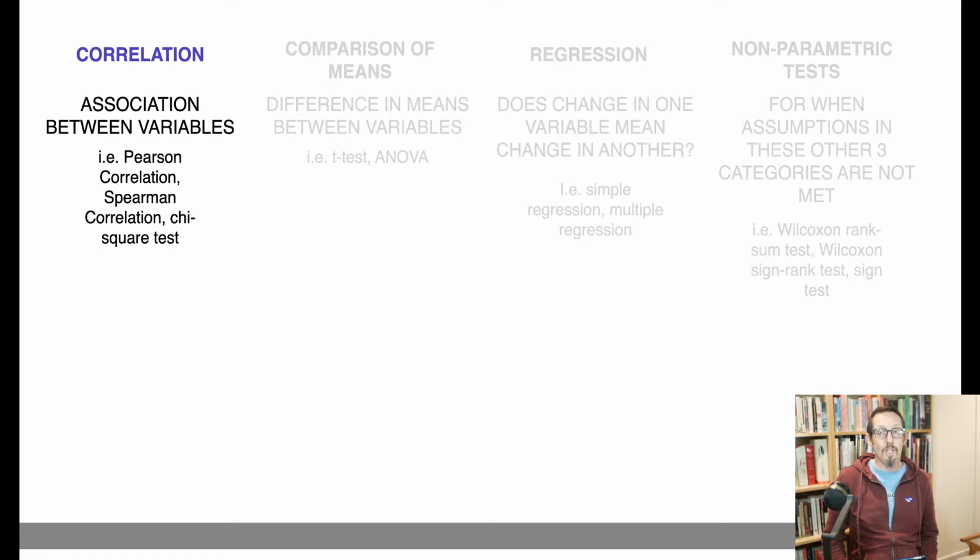Spearman correlation and the chi-squared test are made for particular cases, right? And there's even other things like mutual information and things like that that are also measurements of association.